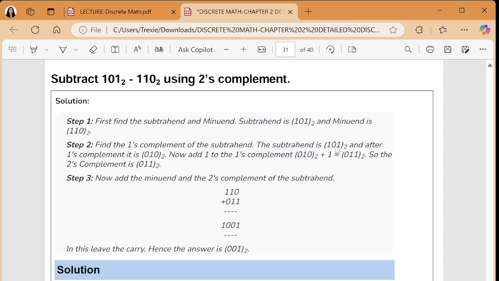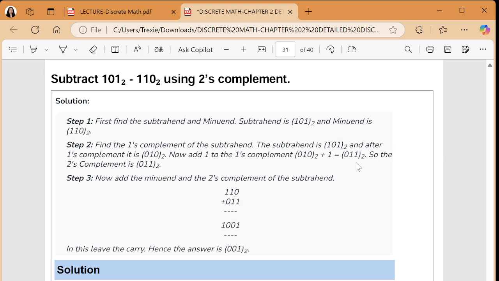So from 101, after the 1's complement, it is now 010. From 010, we need to add 1. So 0 plus 1 is equal to 1.